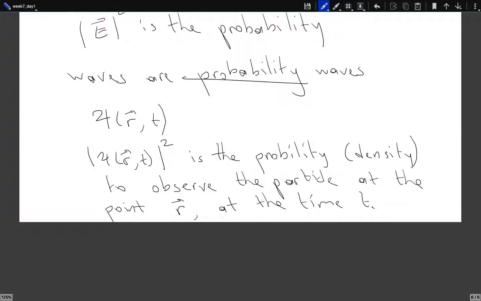How do you define psi for the electron? The function psi, how do you define it for the electron? Now we will study it. We will study how we can describe, how we can write down this function.